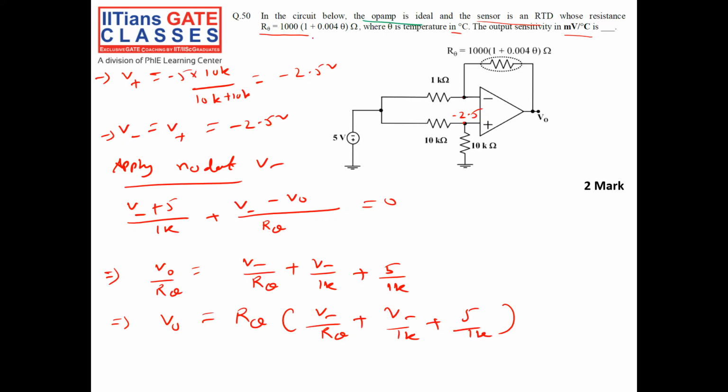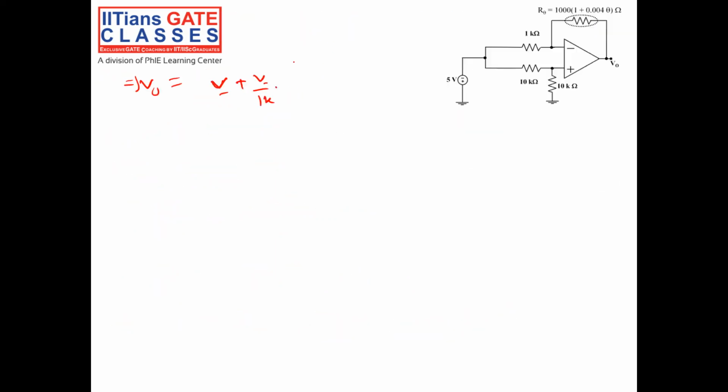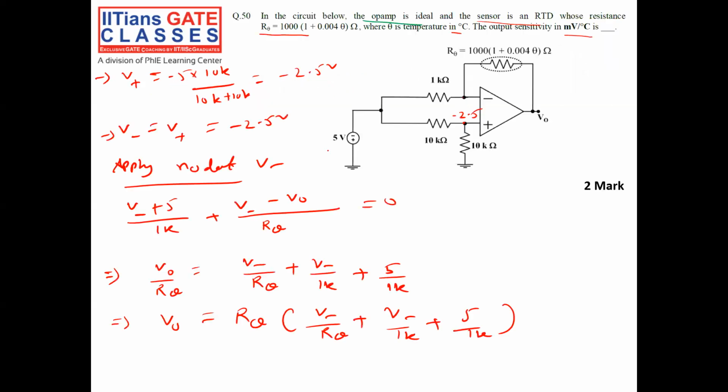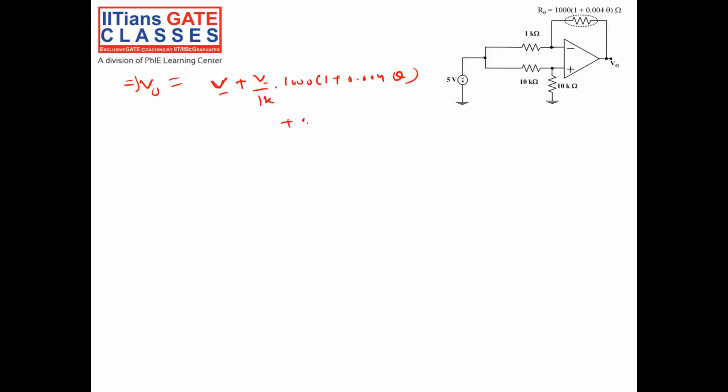R theta is given as 1000 into 1 plus 0.004 theta, plus 5 by 1k into R theta, which will be 1000 into 1 plus 0.004 theta.